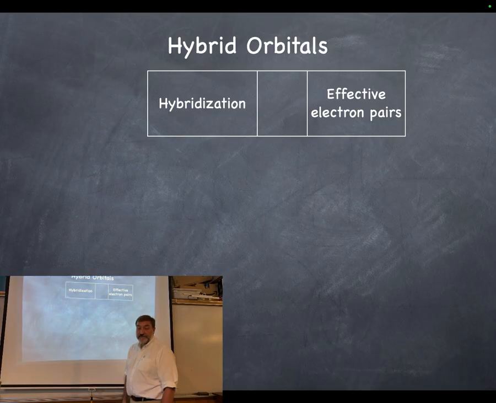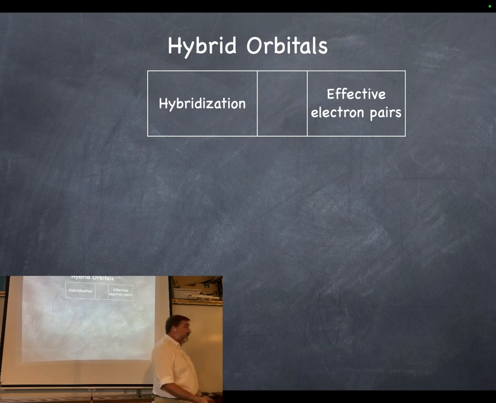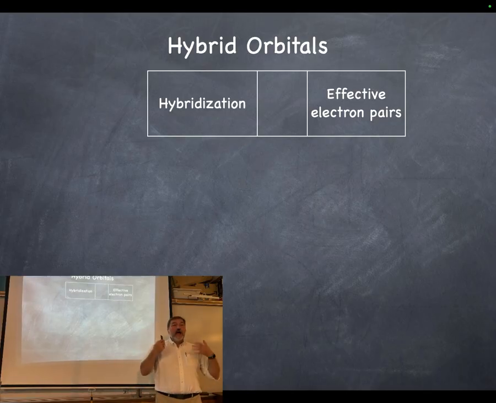To summarize, the problems you're going to see are going to require you to draw a Lewis structure, pick an atom, and determine how many electron domains are around that atom. You need to be able to count to four. Okay? You count up the electron domains.